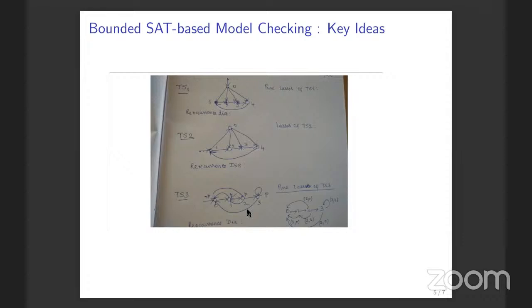So going back to my previous points, you can also have an infinite path which is not lasso shaped. For example, you can have paths in which you cycle around a certain number of times in your first loop.